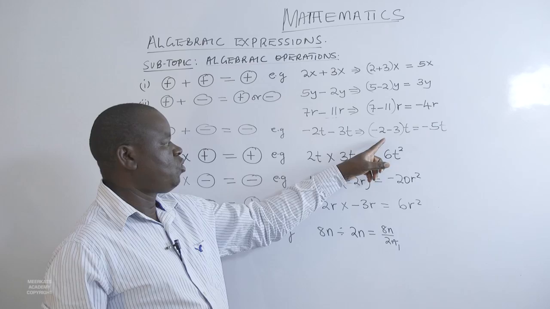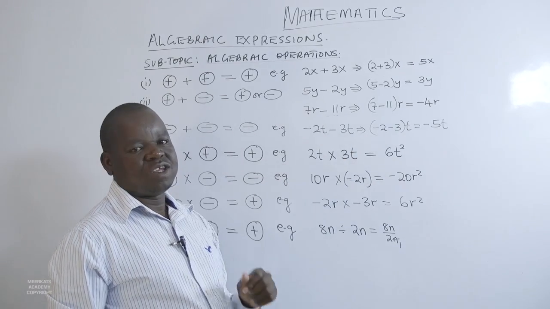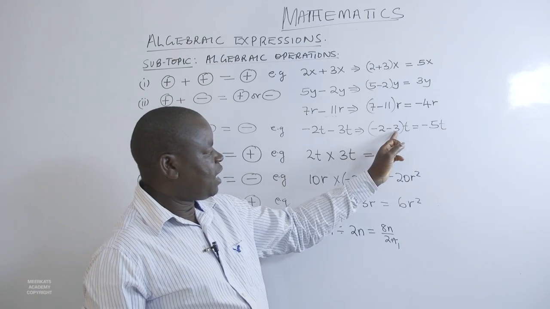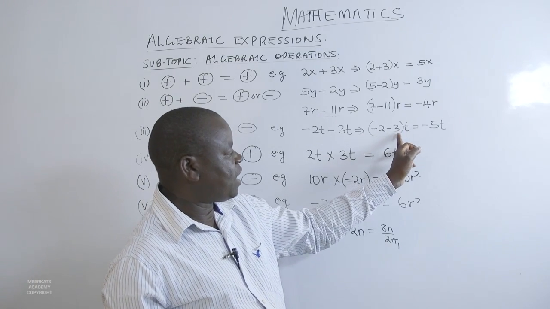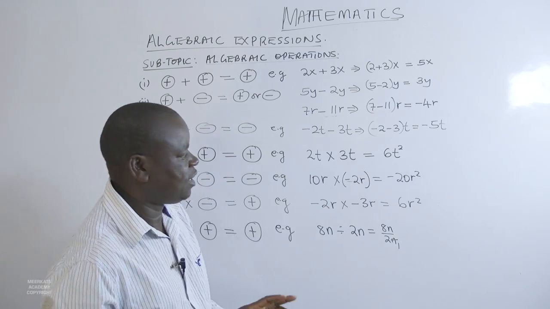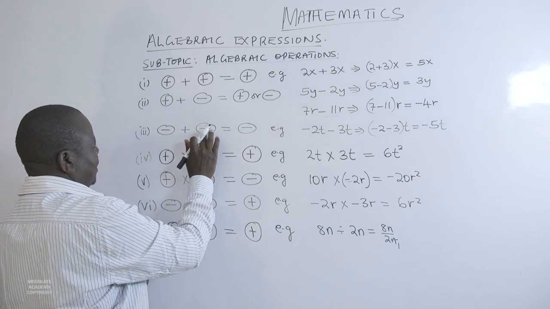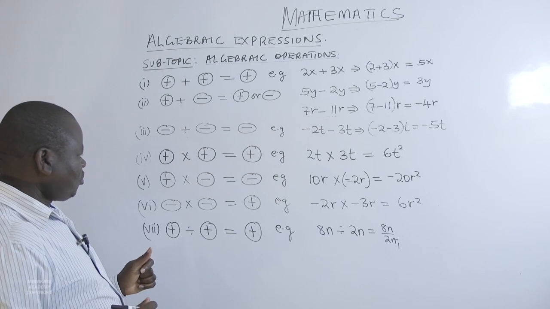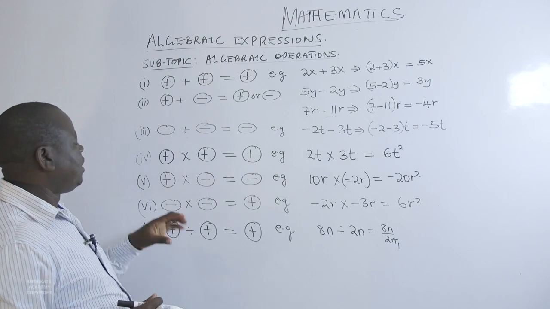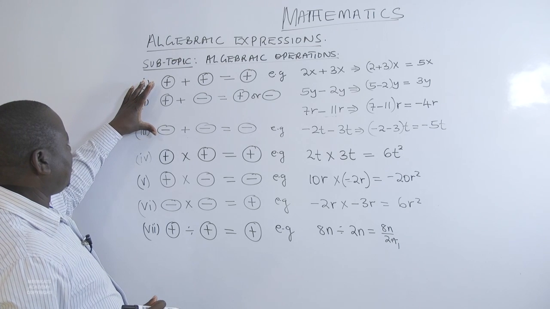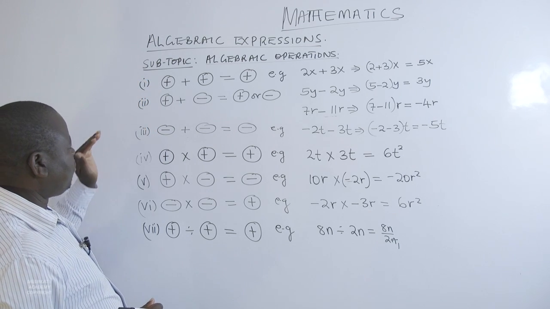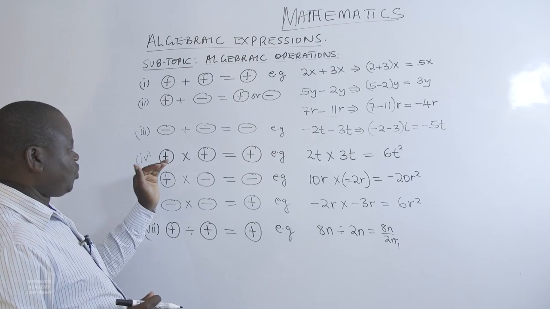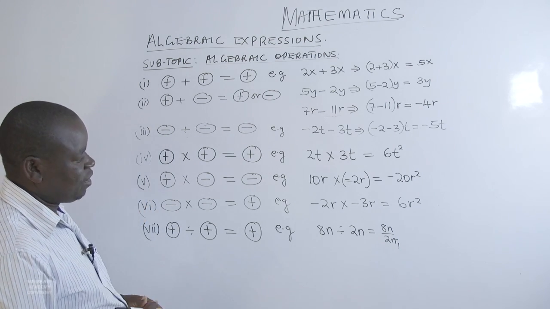We have -2 and -3, we get -5. Then we multiply -5 by t, we get -5t. That is the qualification of negative plus negative. The answer is negative. That is in case of addition and subtraction.